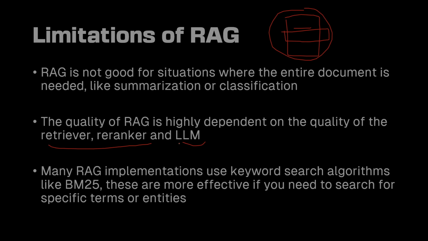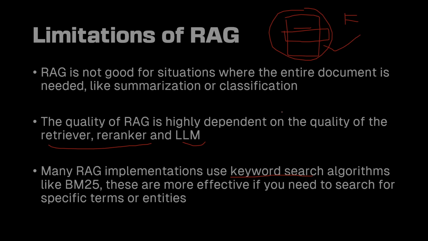And in some cases, instead of using vectors, we can use keyword search. Keyword search is a more traditional search algorithm. For example, this document contains words like France, politics, government, and Europe. If our query also contains those words, then this document will be retrieved.